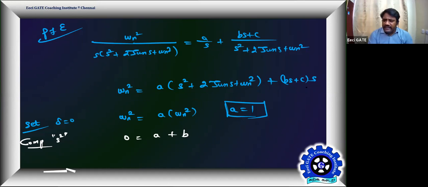C into s is only an s term, not an s square term. Therefore, comparing s square terms on both sides gives another equation: 0 equals A plus B. So B is equal to minus A. Therefore, B is equal to minus 1. Getting all of you?